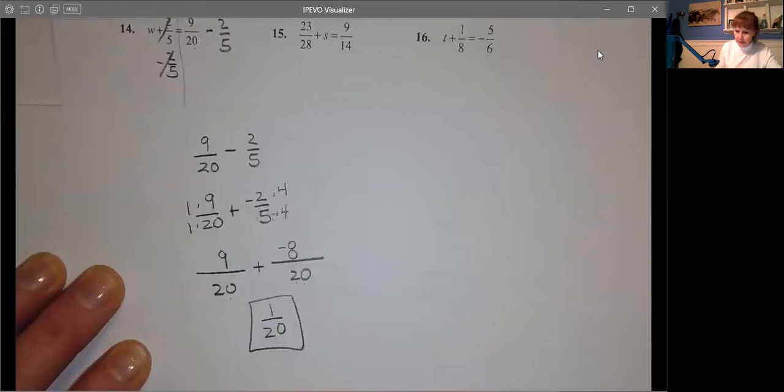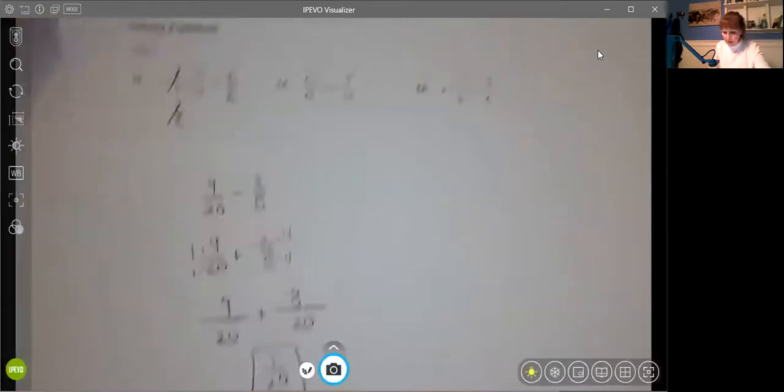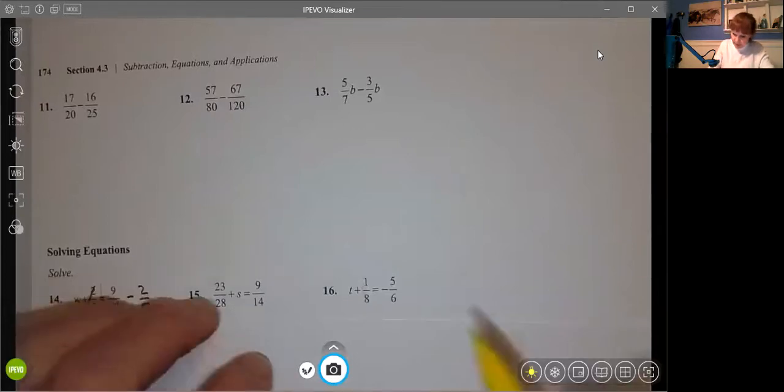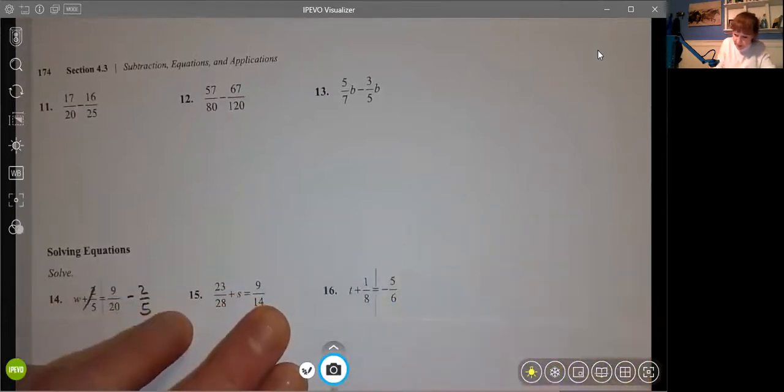Let's look at number 16. Make sure you understand this. I want to get the variable by itself here. So I have t plus 1/8 equals -5/6.